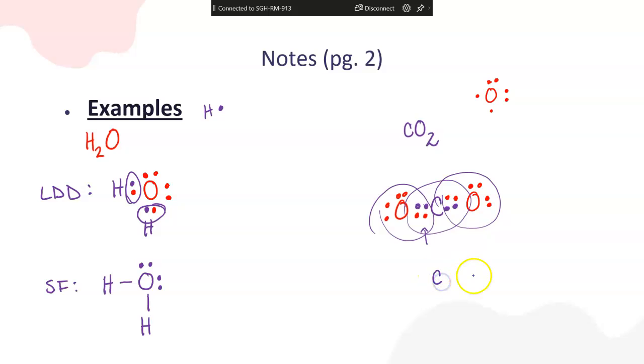So if we were to take this and draw, and I'm writing that super small, draw the structural formula, overcompensate and draw it super huge. How many lines would I draw between the carbon and one oxygen? 2. Double bond.